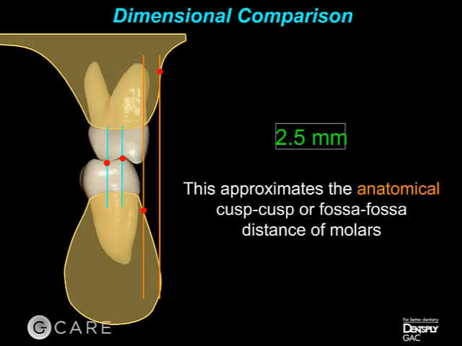So once again, this is just anatomy. There is nothing magical here. This is just looking at the anatomical relationship of teeth when they are upright, centered, and well intercuspated.